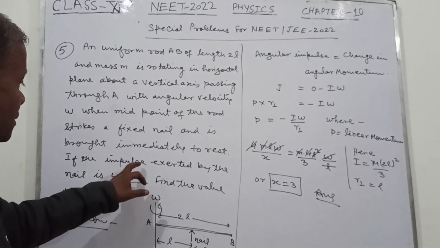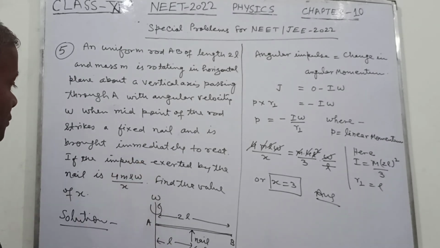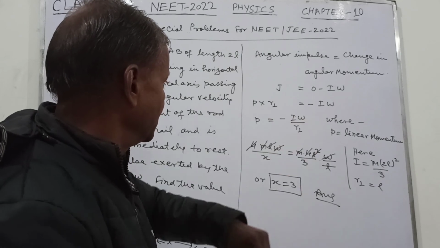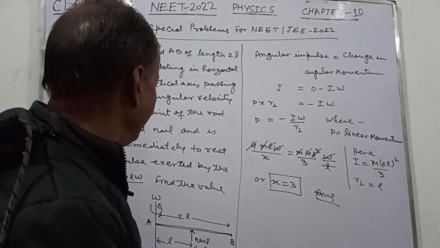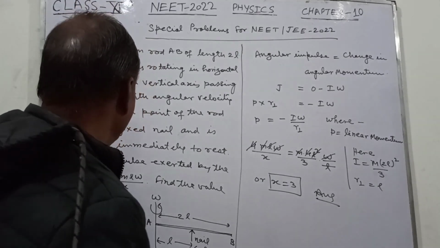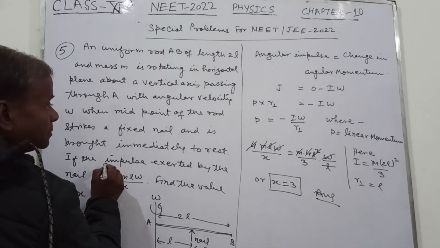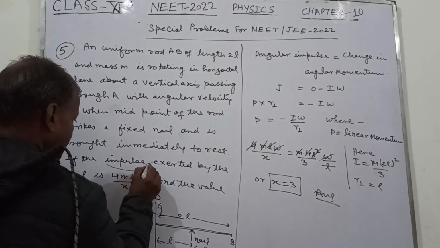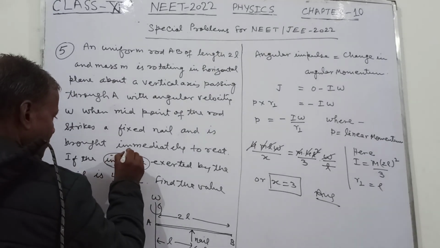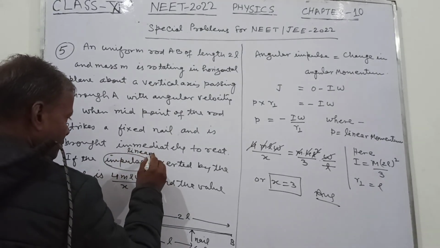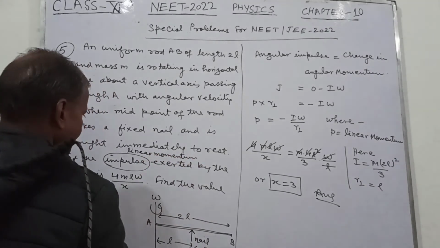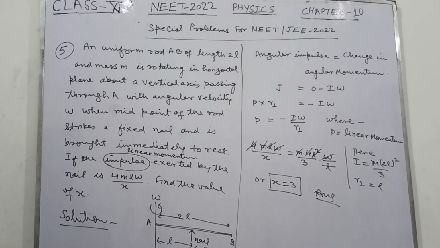the linear momentum. If they exert an impulse, then the value of J will come here entirely. So in place of this impulse, this must be, I think, the change in linear momentum.